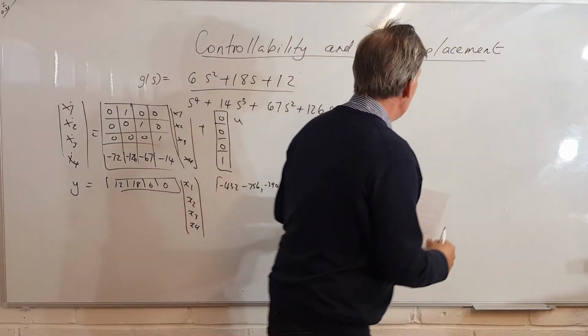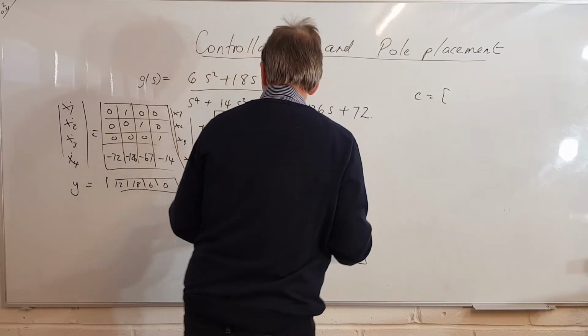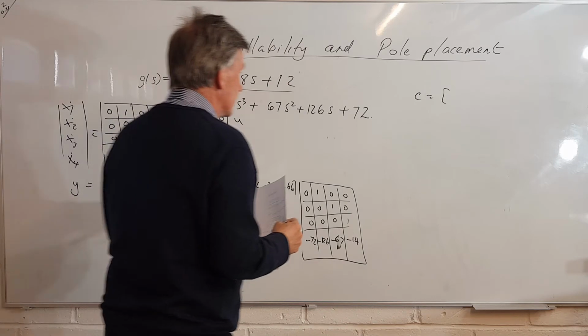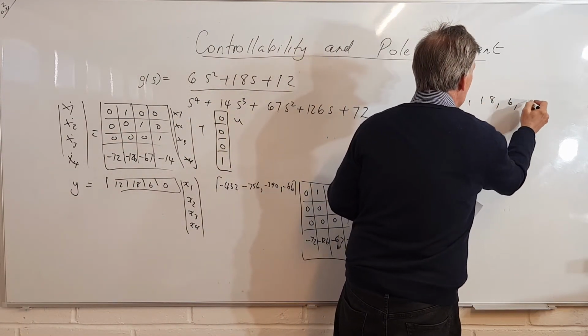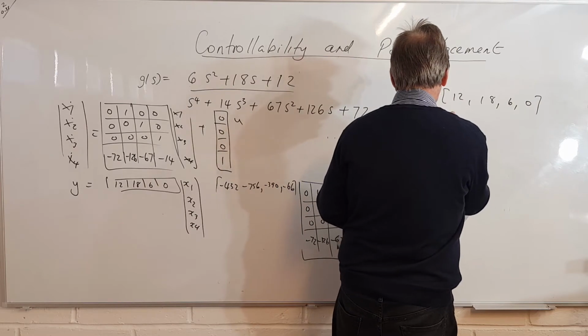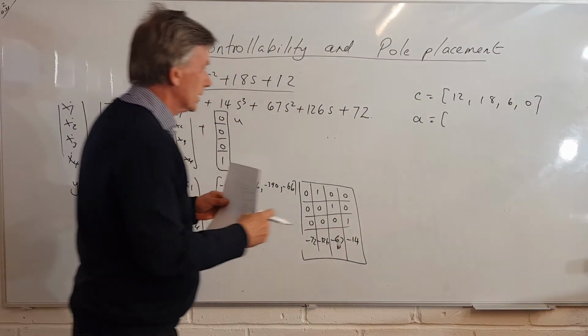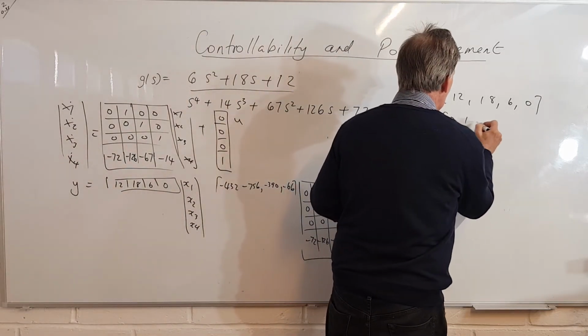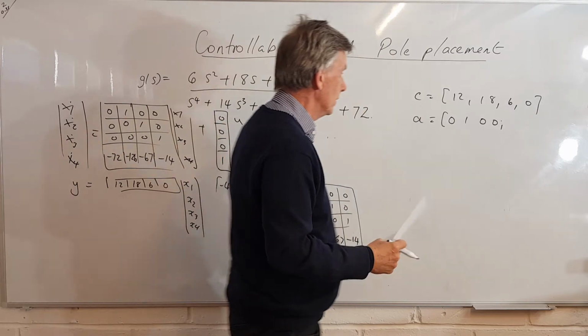So we could put C, put open square brackets, that's going to be 12, 18, 6, 0. And we could put A equal to, and then this is going to be the A matrix here. I'm putting a semicolon there for a new line.